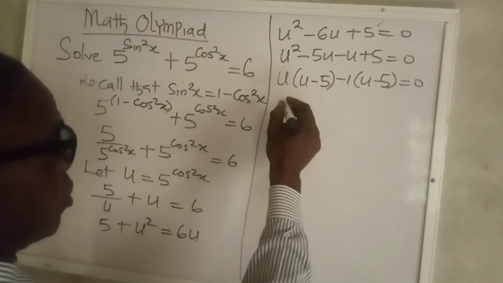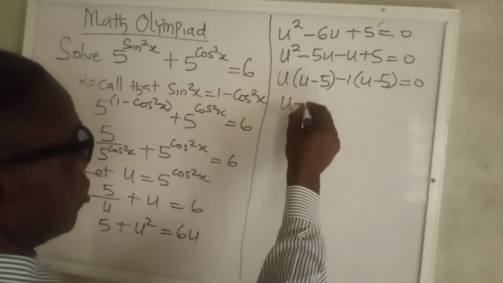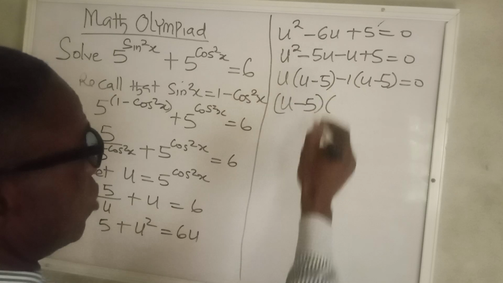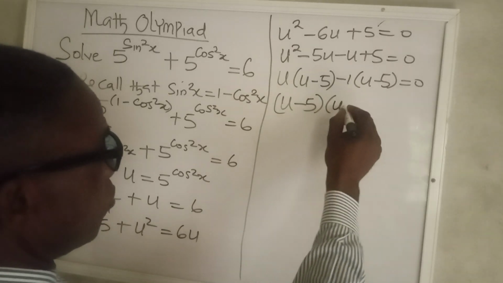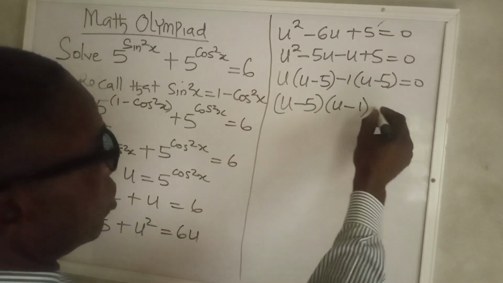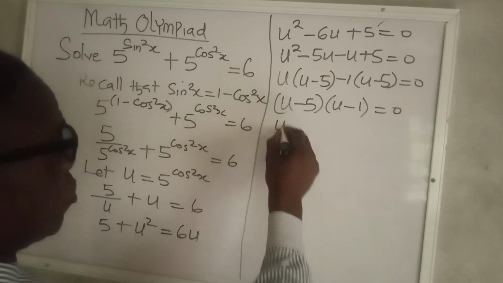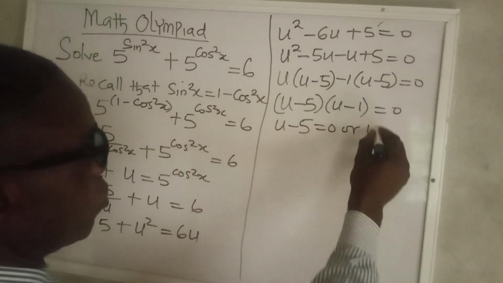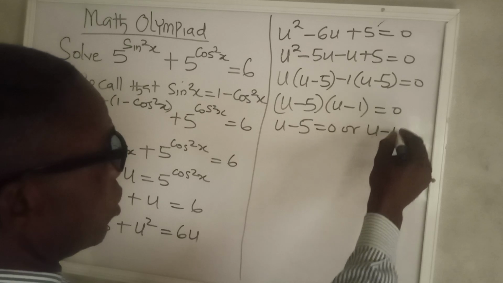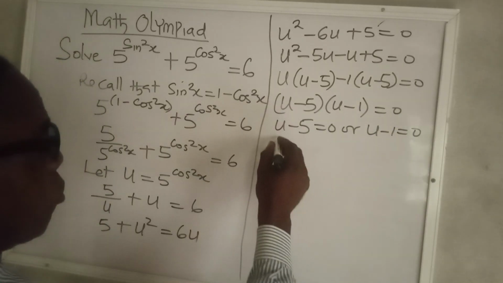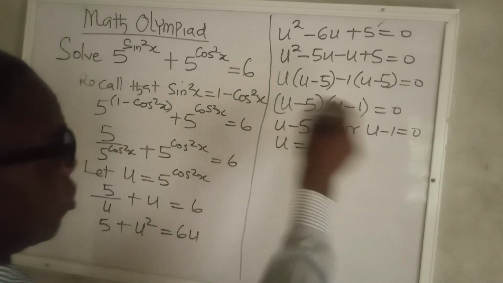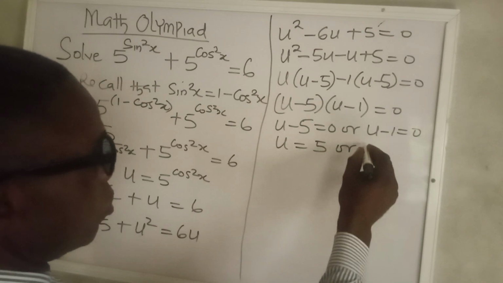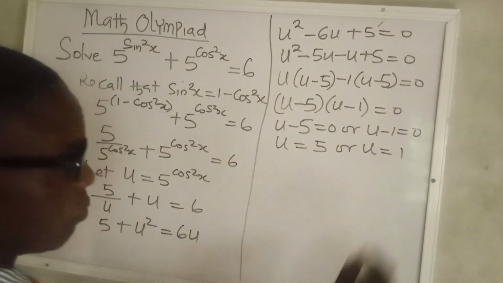We take u minus 5 bracket, the outer values are u and minus 1. It means that u minus 5 equals 0, or u minus 1 equals 0. Therefore, u equals 5, or u equals 1.